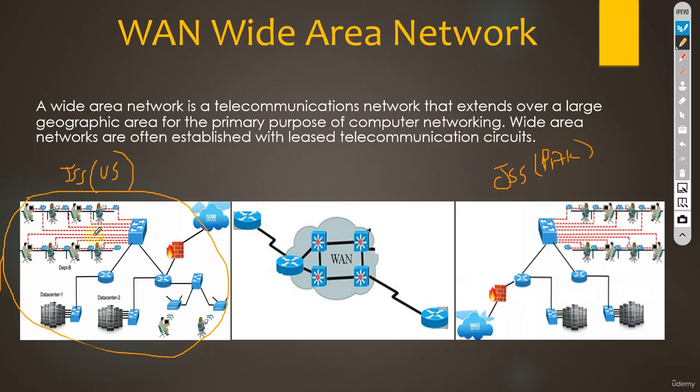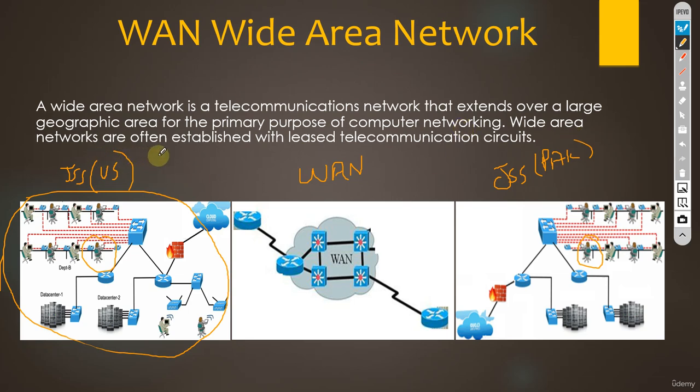So in case this user wants to communicate with this user in Pakistan, how are they going to communicate? They are going to communicate with the help of a wide area network through this cloud. And what is this cloud? A wide area network is a telecommunications network that extends over a large geographic area for the primary purpose of computer networking.